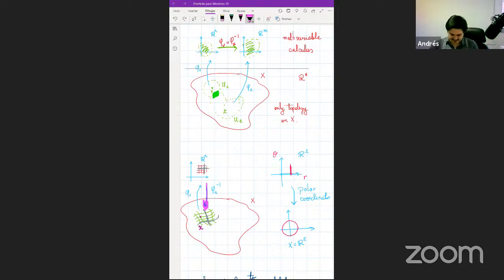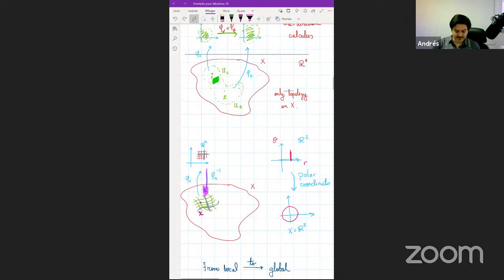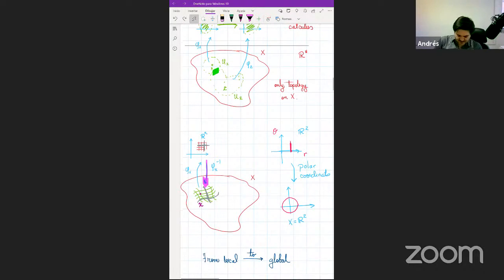Okay, so just to finish things, think of this as local, because we only have a neighborhood of x, Ux. I take another point y, another neighborhood, and so on.